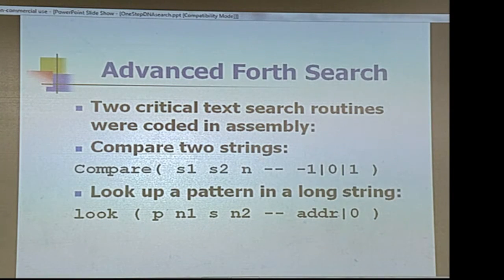You know the length, you know the location, and you just compare them character by character. This will return a flag. If it's 0, the two strings match. If it is -1, the first string is smaller than the second string in collating sequence. Yeah, collating sequence.